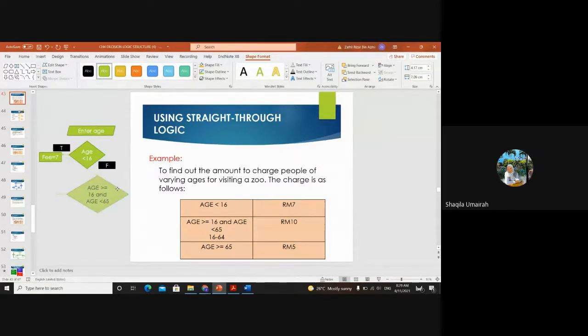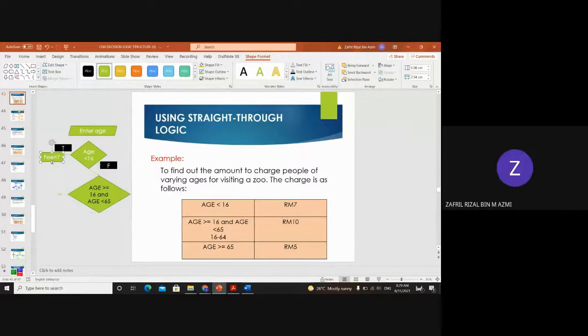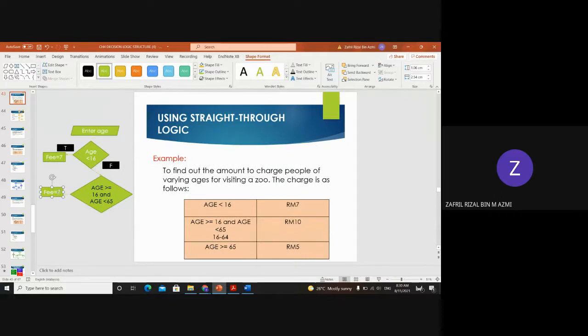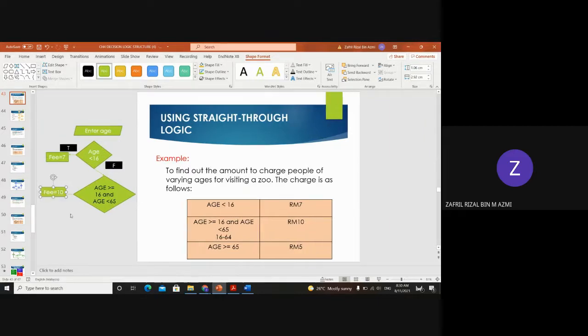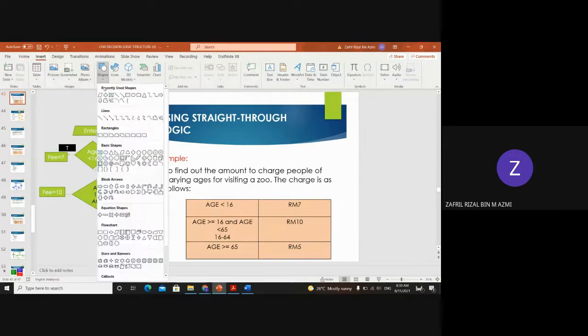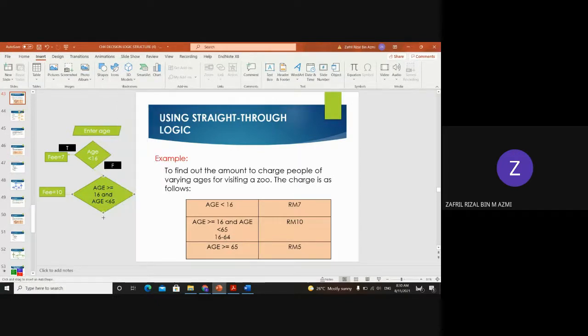V equal to 10. So this is true. If it is false, what will happen?